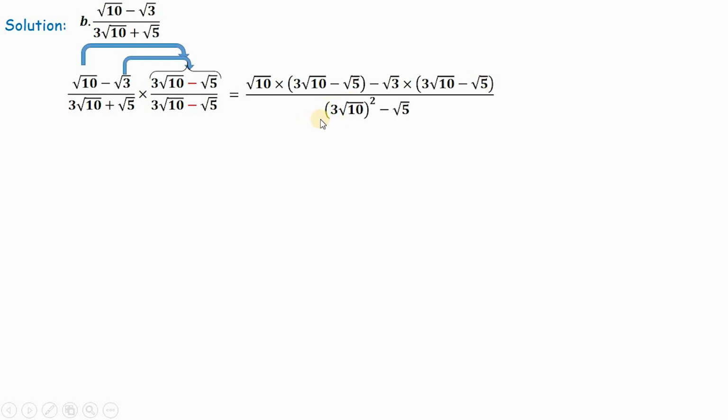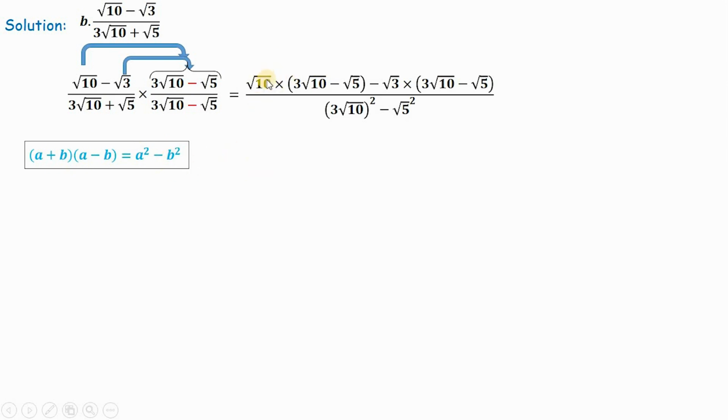In the denominator we use the identity, that is a square, where instead of a we have 3 root 10, so 3 root 10 square, minus, instead of b we have root 5, so root 5 square. So when you multiply it, root 10 should multiply both the terms. Okay, now in the denominator we have used this identity.